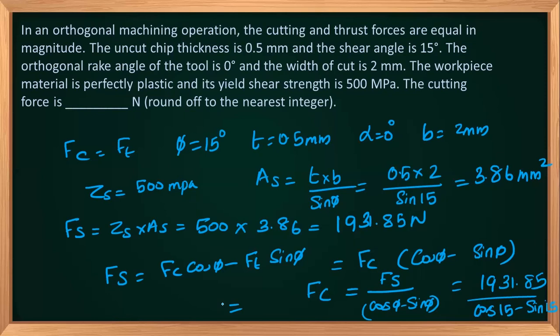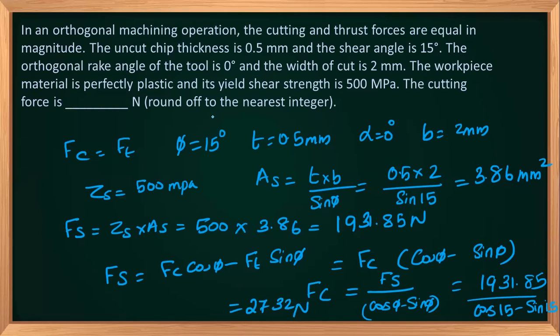Cos 15 minus sin 15 will be equal to this much, and 1931.85 divided by the answer will give you 2732 newtons.